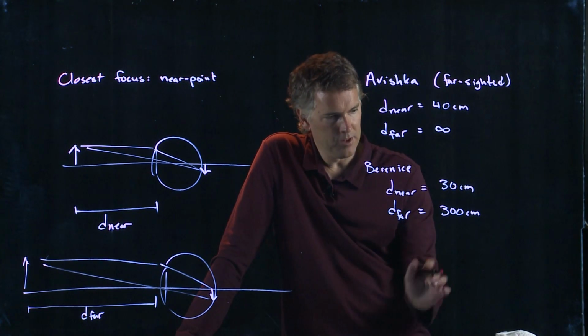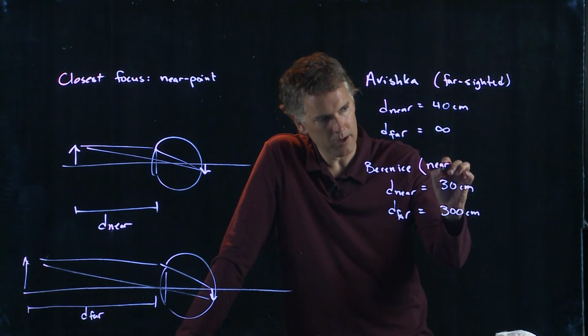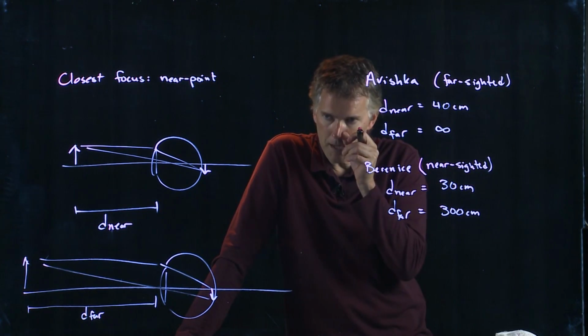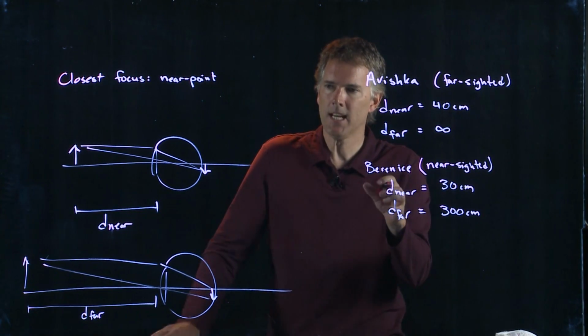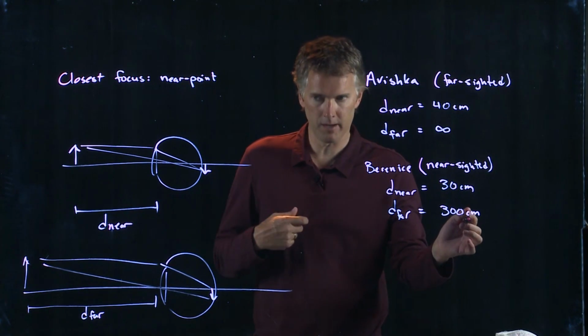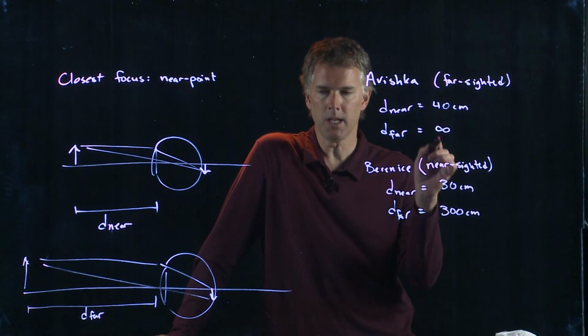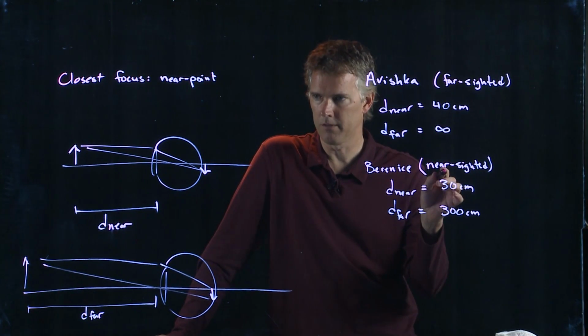Okay. Since they can't see far away, I would also put them in the category of nearsighted, meaning when they drive, they need negative lenses so they can see out to infinity. If you can't see to infinity, then you need negative lenses, you are nearsighted.